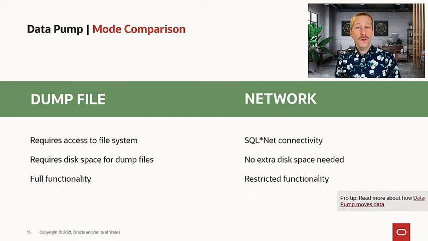In contrast with Data Pump in network mode, you don't need access to the file system of the database host, but you need to have SQL*Net connectivity between the two databases, because we need to establish a database link so we can fetch all the data over the network link. You don't need any extra disk space in this case because Data Pump in network mode will not generate a dump file. But there are a few restrictions that apply when you use Data Pump in network mode.